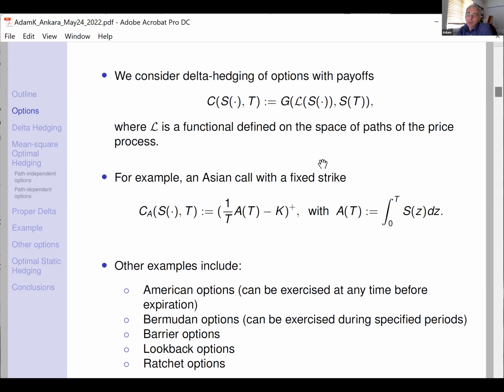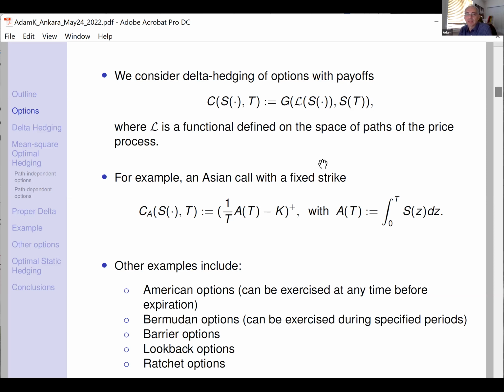So in this talk, we will focus on options that depend on the path of the underlying. So formally, an option like this can be represented as a functional defined on the space of trajectories of the price process. And the basic example, and this is the one that we will focus on during the talk, is the so-called Asian call with a fixed strike.